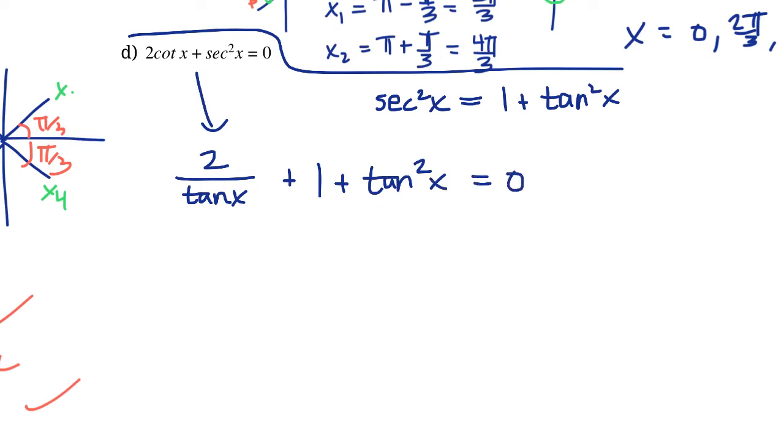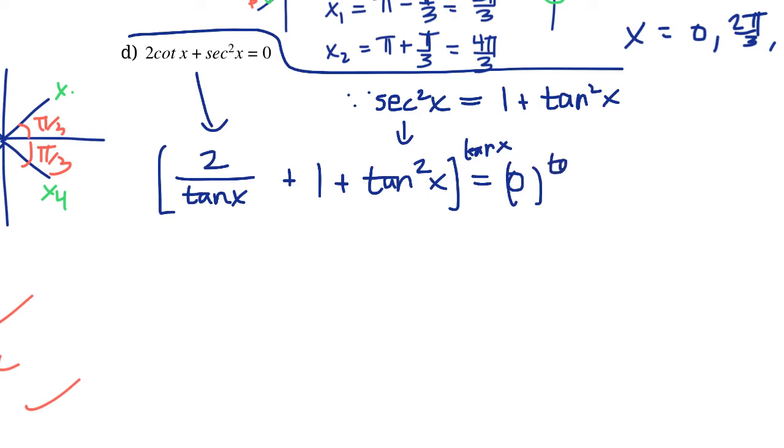Right, so that's what our equation becomes because we used this identity, right? So now what I'm going to do is I'm going to get rid of that ugly fraction. See, there's a fraction, that 2 over tan x. So what I'm going to do is I'm essentially going to multiply everything by the denominator, tan x, right? And I can do that to both sides.